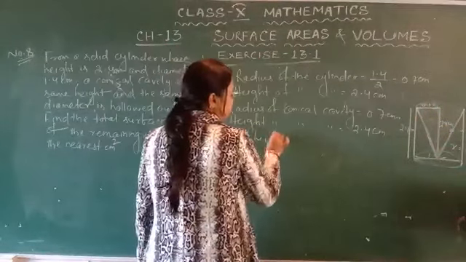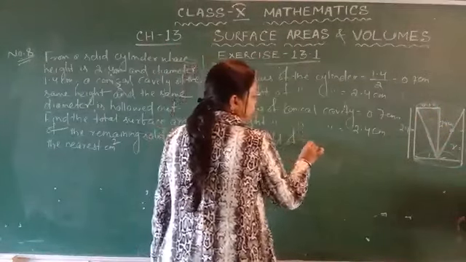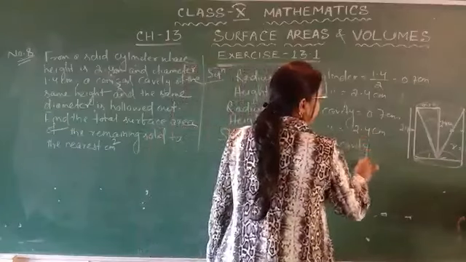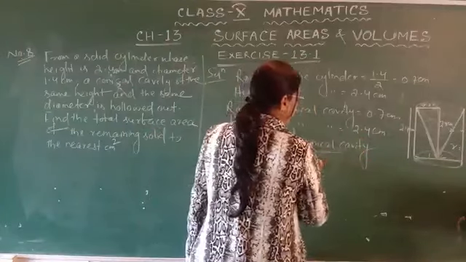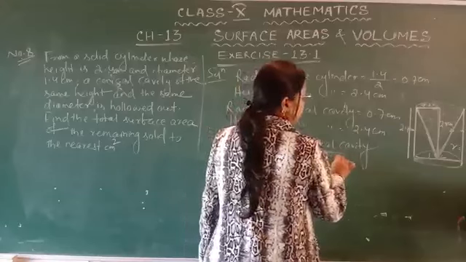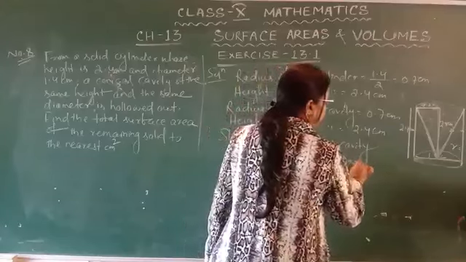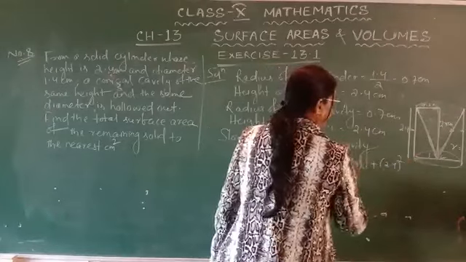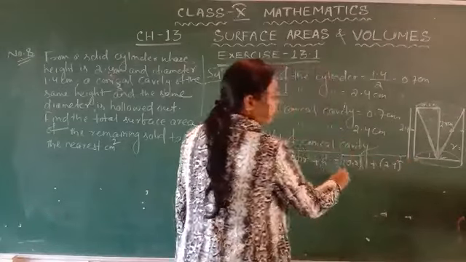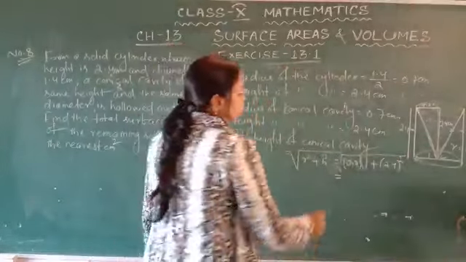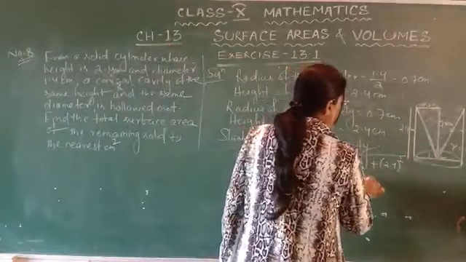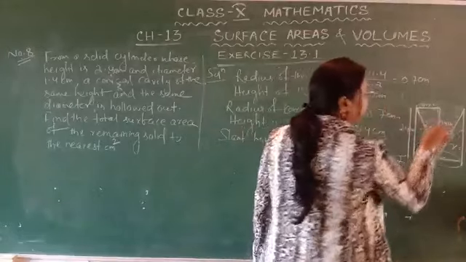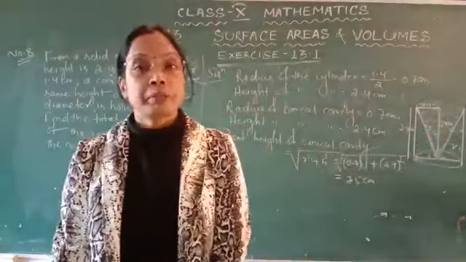Slant height of the conical cavity is equal to root over r square plus h square, that is root over 0.7 square plus 2.4 square, which is equal to 2.5 centimeter. So the slant height of the conical part is 2.5 centimeter.